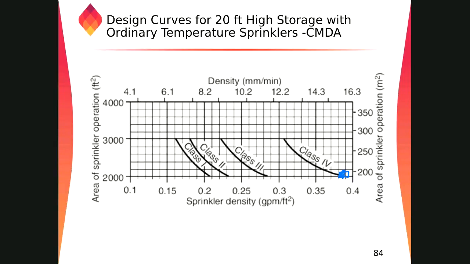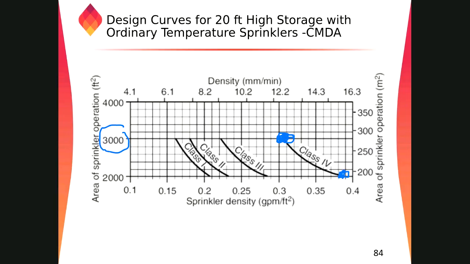If you are taking a value of 0.3, then we have to take an area of 3000 square feet. So that we can multiply area of protection into the density curve.